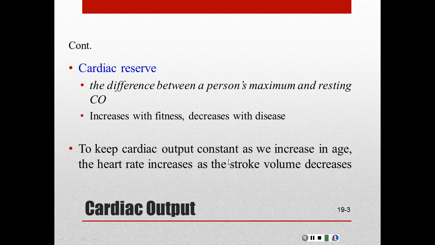But if the heart rate increases and the stroke volume decreases, then the cardiac output will stay the same. If they both increase, then the cardiac output will increase. And if both of them decrease, then we know that it will decrease.